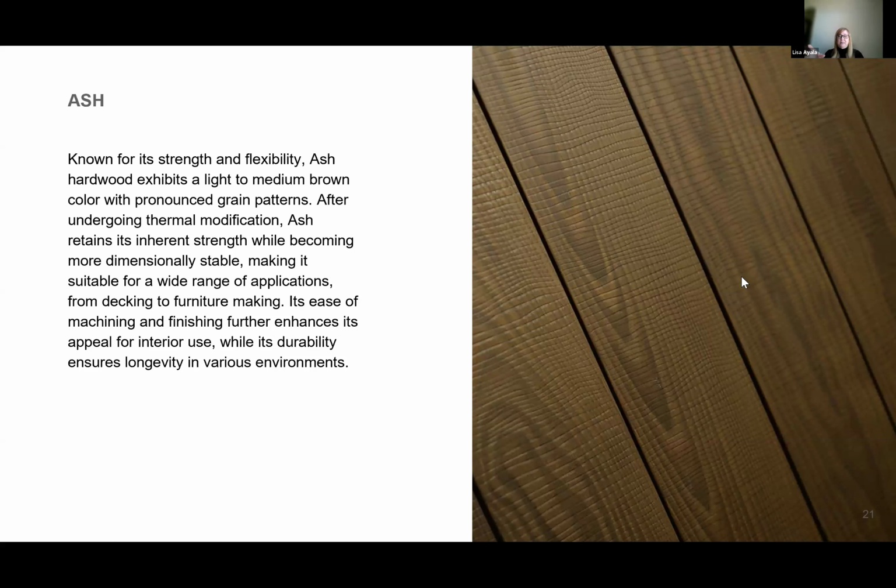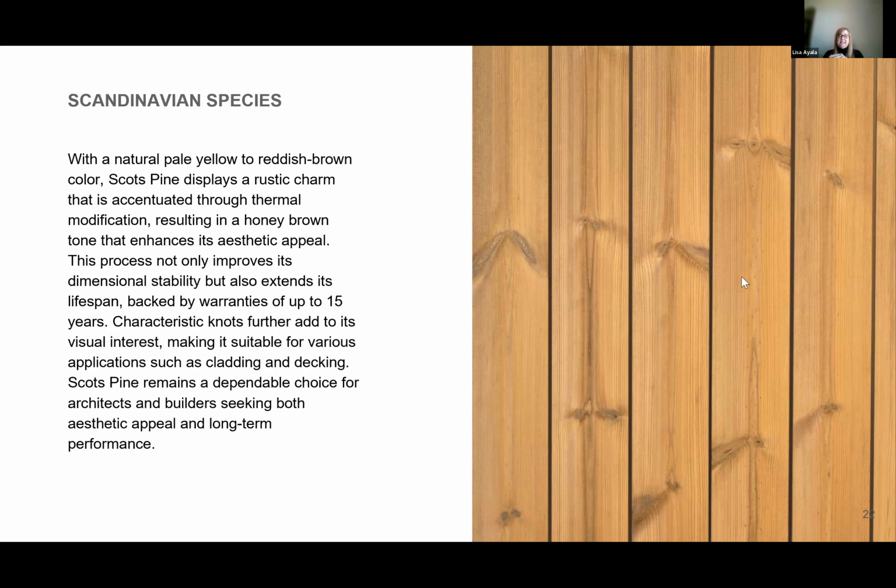Scandinavian species is probably my favorite, only because of those beautiful butterfly character knots that you see there. It is a softwood. It is a Scots pine, and as the name indicates, it's mostly found in the Scandinavian countries. It has a really nice rustic look to it.